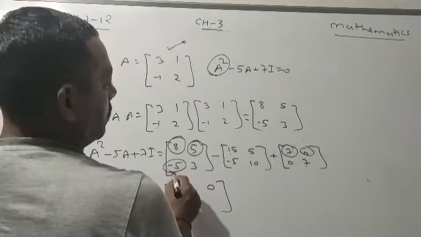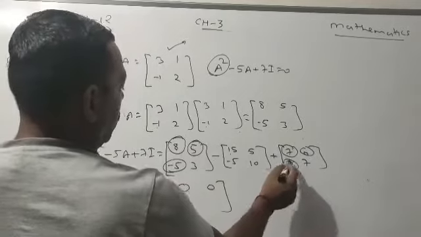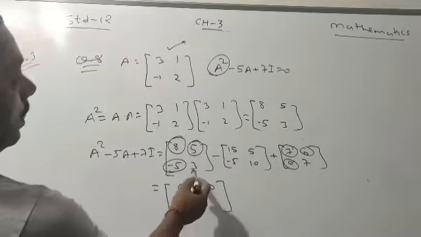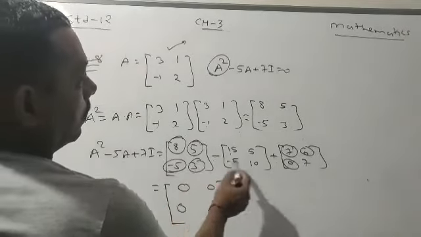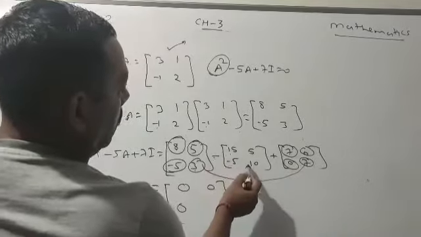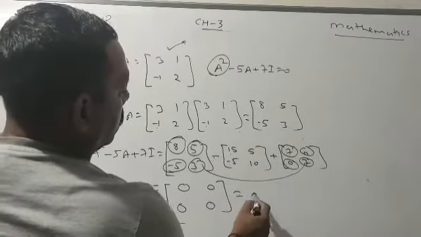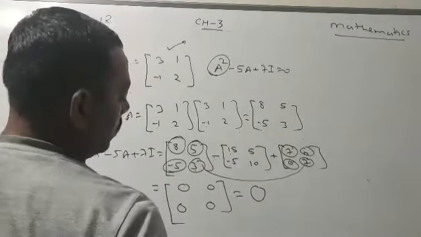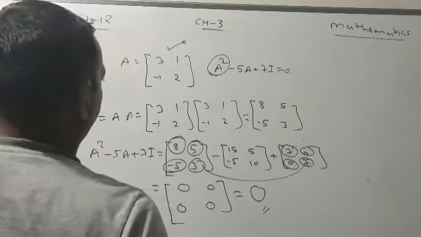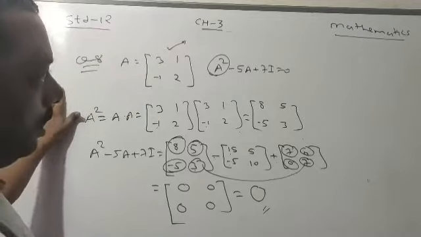Minus 5 plus 0 minus 5, and minus of minus is plus 5. So the final answer is 0. 3 plus 7 positive 10, negative 10. Answer is 0. So this big O is the 0 matrix. So our answer is true. So question number 8 is proved.